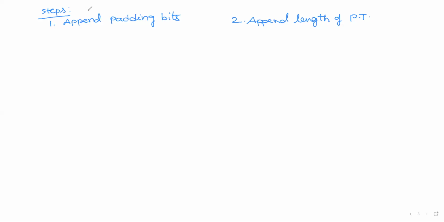Because the plain text is processed in terms of blocks. How are we representing the plain text?